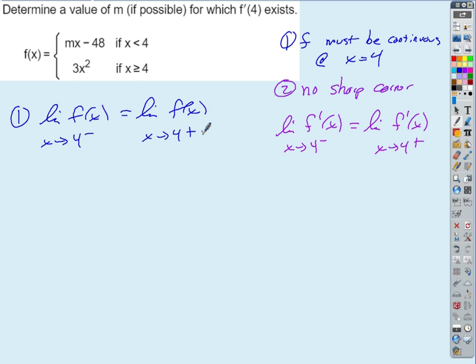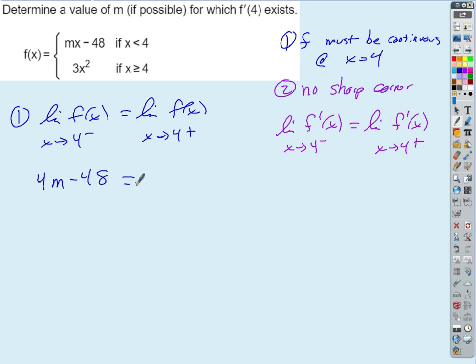What is the limit of f of x as x approaches 4 from the left? From the left, that'd be the top one, right? So it'd be m times 4 minus 48, so 4m minus 48.